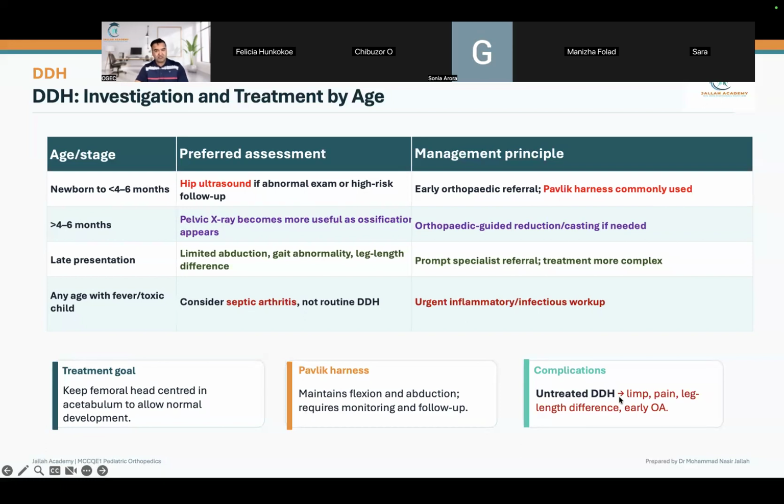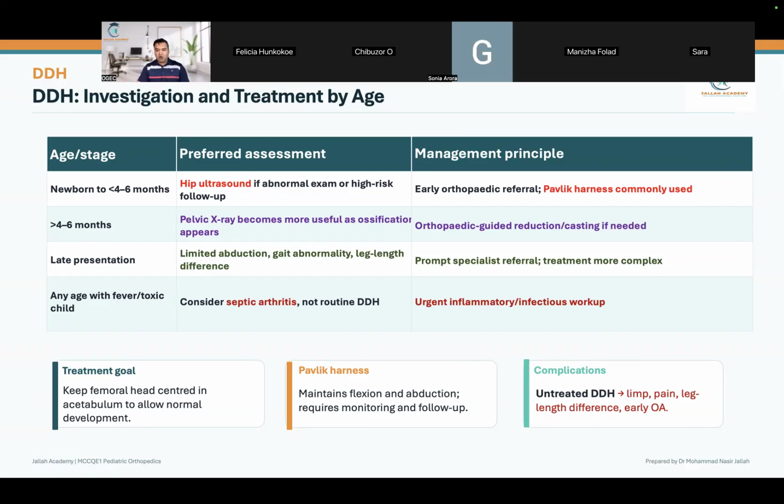Complication, untreated. If you leave it untreated, what happens? Limp, pain, leg length difference, and early osteoarthritis. Osteoarthritis, we know, is not very common in the pediatric population, but if you don't treat the DDH, that could be one of the reasons for osteoarthritis to appear very early in the pediatric population.